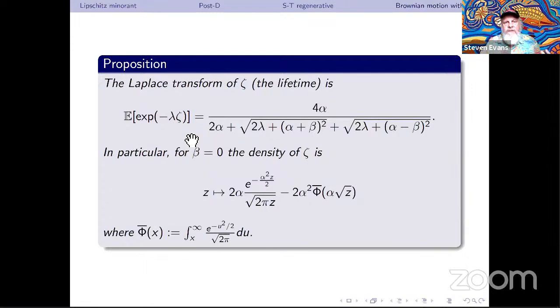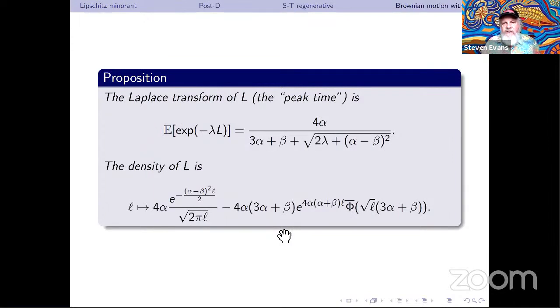So the lifetime of the first positive excursion, we can get the Laplace transform of that, and in particular when the drift parameter of the Brownian motion is 0, we can get an explicit form of the density of the lifetime, where phi is the complementary Brownian CDF.